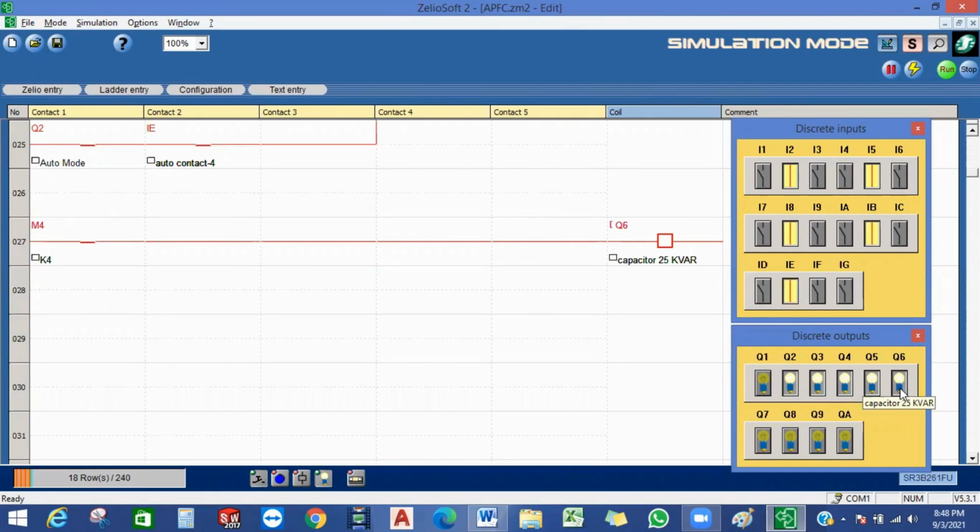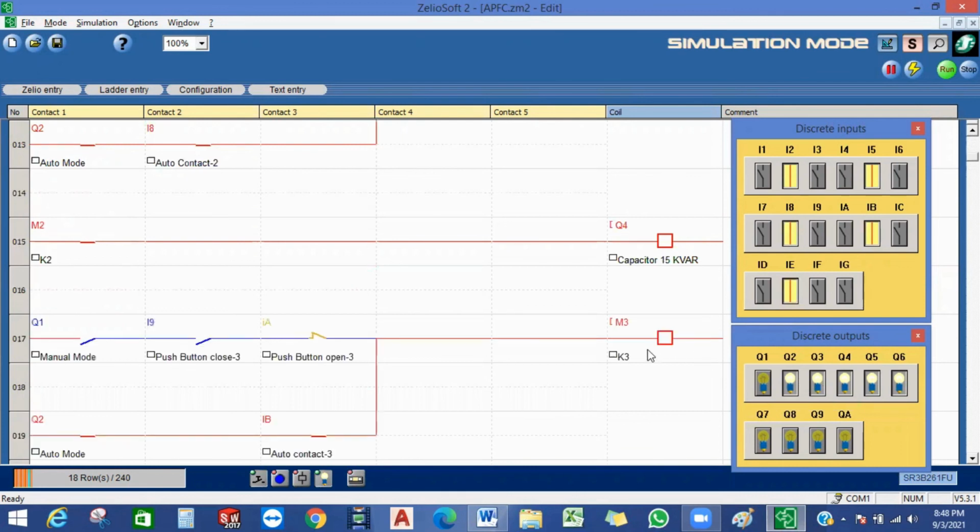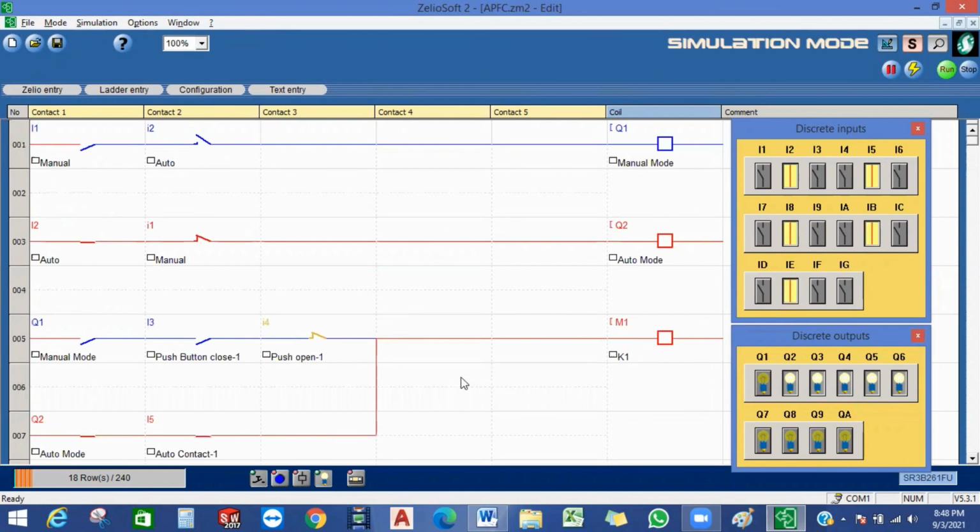Now suppose some inductive loads are switched off, like a blower or pump or a lift, or a switched off escalator. Then for power factor improvement, you need to reduce your capacitors, so one is switched off. Here, switch off is controlled by controller 1, so this contactor will open.